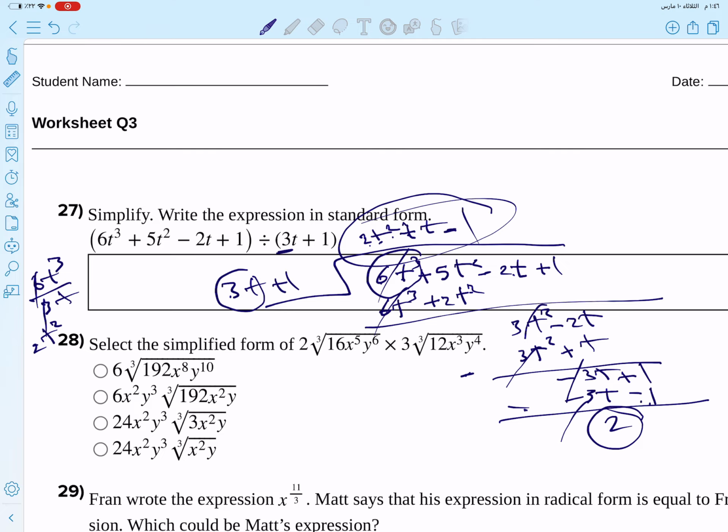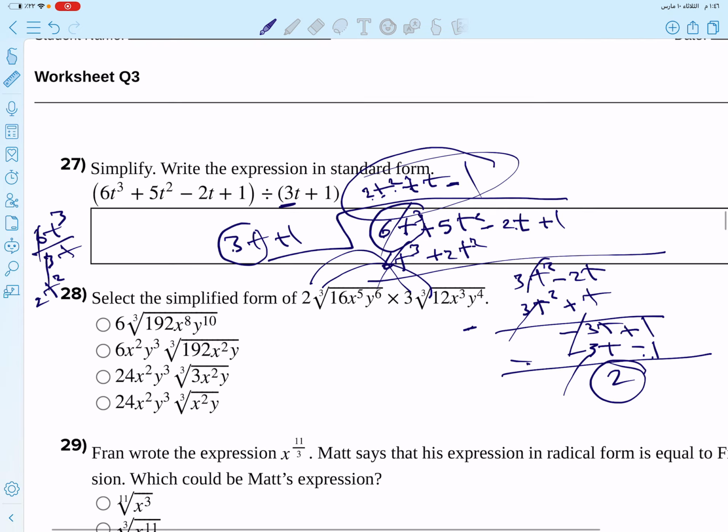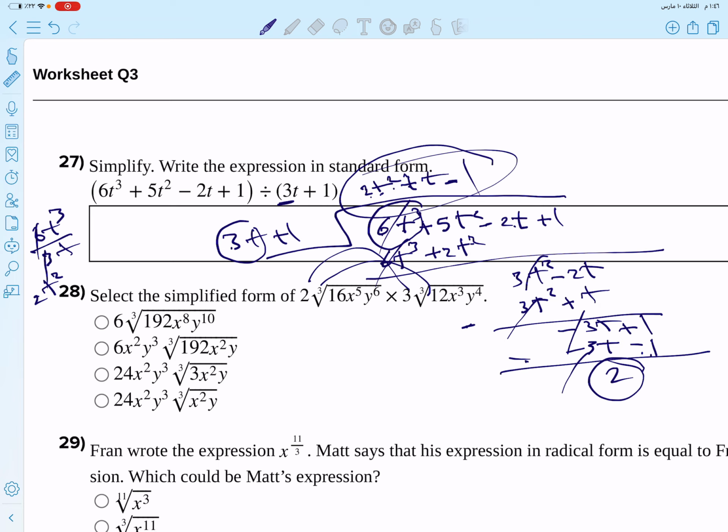question number 28. Select the simplified form. I need to multiply and find the answer. The answer will be 24 x squared y to power 3 and 3 x squared y.